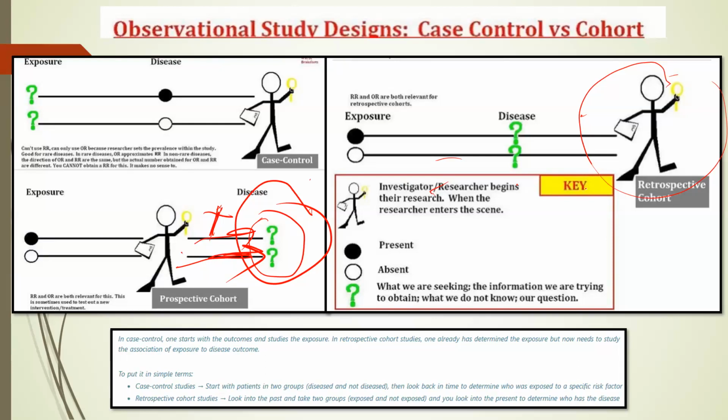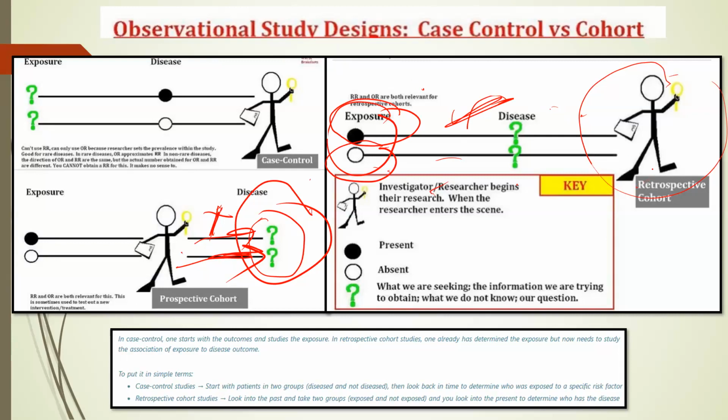But for a retrospective cohort, though the classification is made based on exposure and control, the disease has already occurred. The disease status is already determined. You just need to determine the incidence in each group and then compare them. That is, do the relative risk.